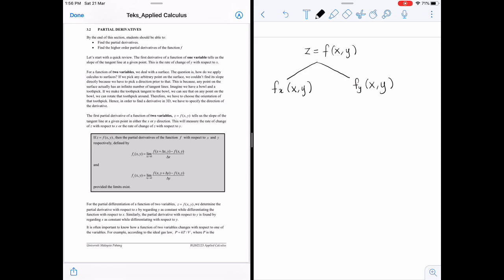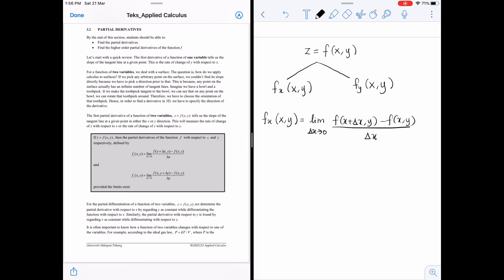Okay, so by using the same principle as the first derivative for a function with one variable before, the formula for the partial derivative of f with respect to x with two variables x, y is equal to the limit as delta x approaches 0 of f(x plus delta x, y) minus f(x, y), divided by delta x.